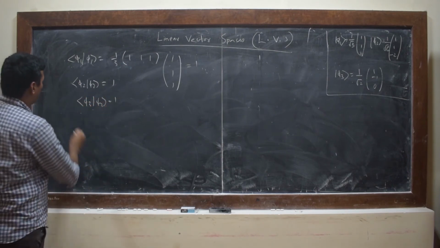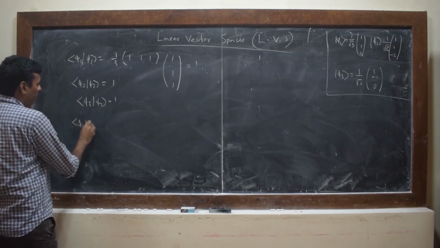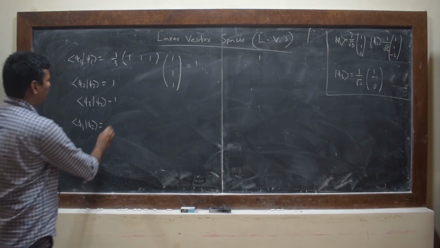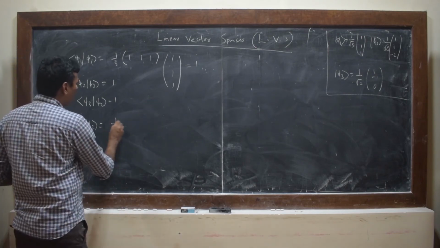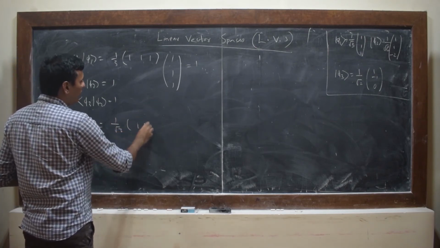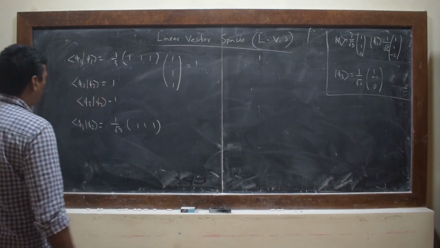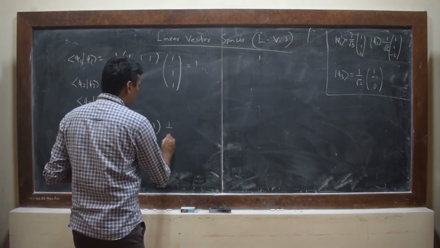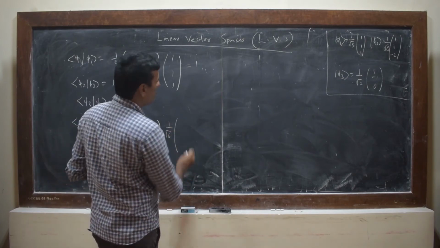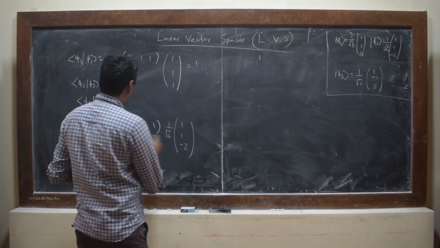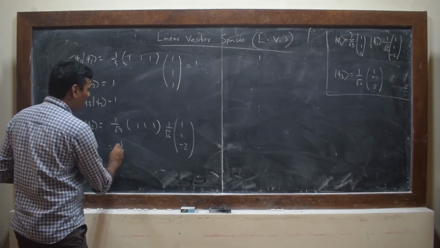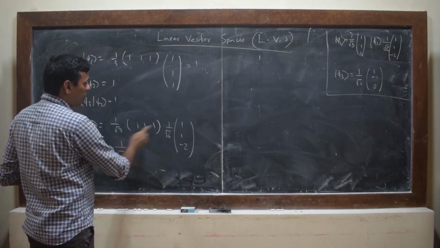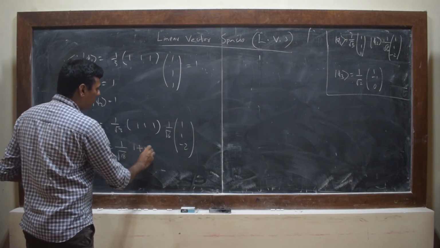So, now let us look at phi 1, phi 2. Okay. Phi 1 is 1 by root 3 into (1, 1, 1), and phi 2 is 1 by root 6 into (1, 1, minus 2). So, this will be equal to 1 by root 18 into 1 plus 1 minus 2.